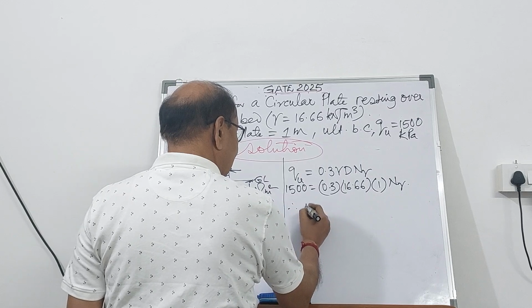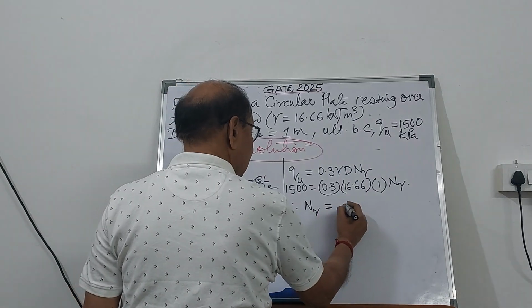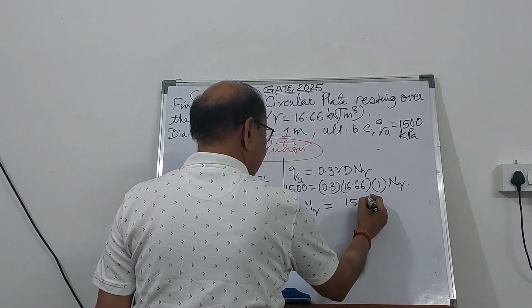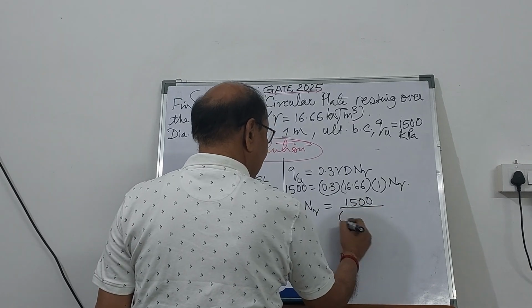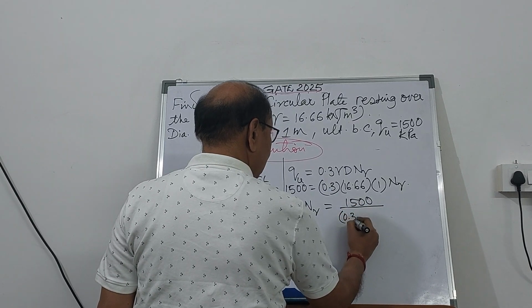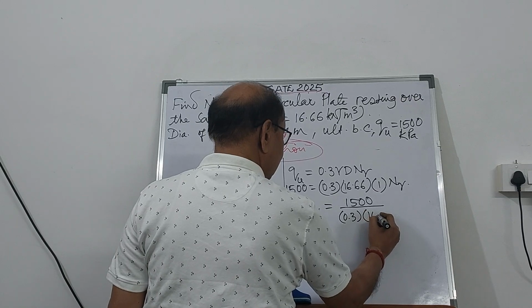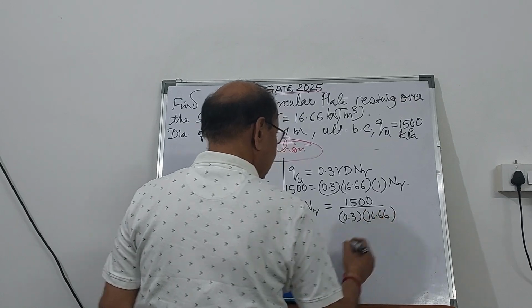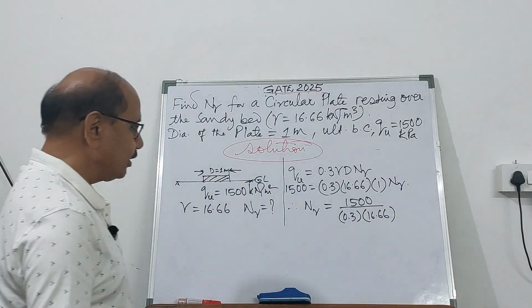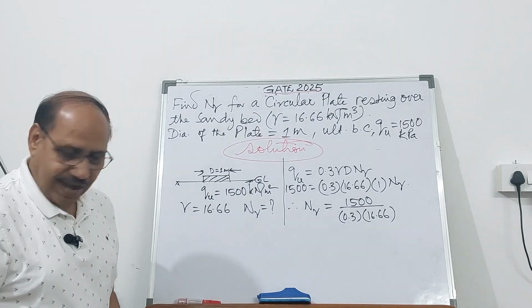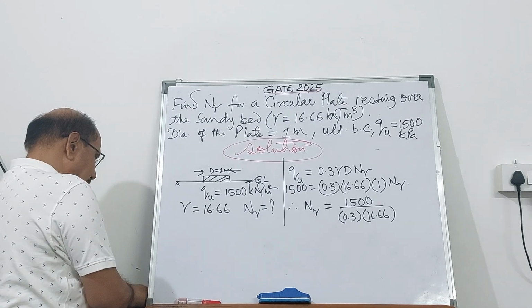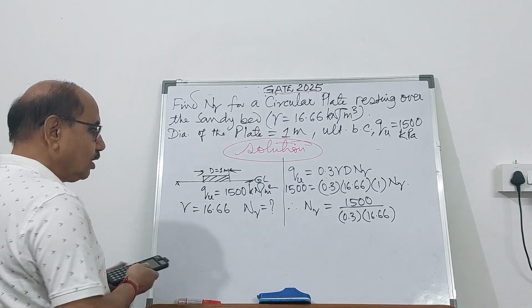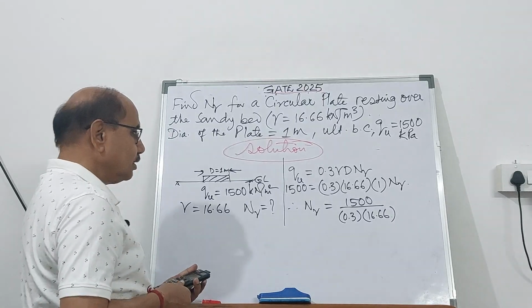Therefore, N gamma is 1500 divided by 0.3 into 16.66. So let's calculate this, and it's a factor. So it's a dimensionless quantity, the bearing capacity factor.